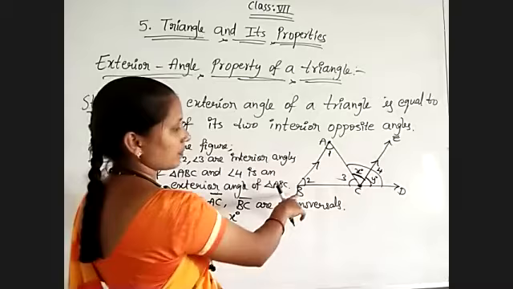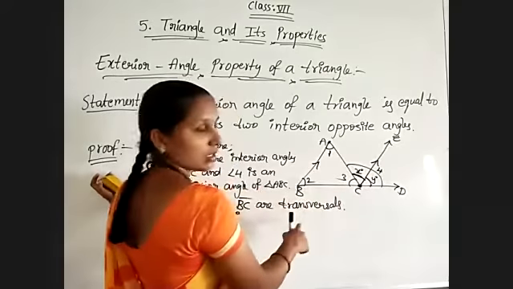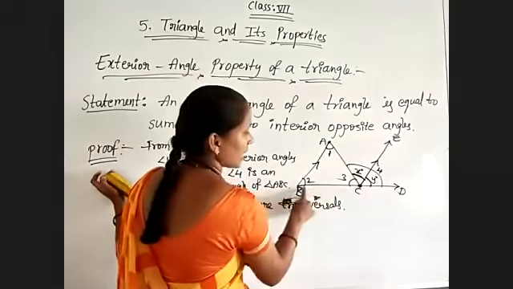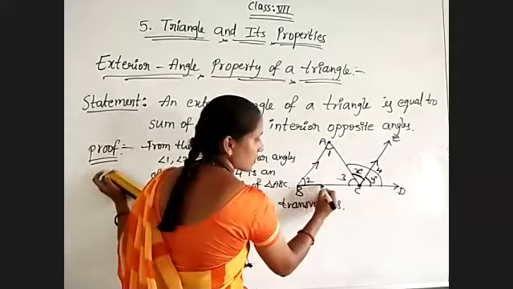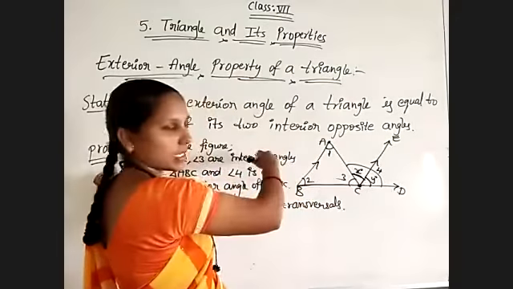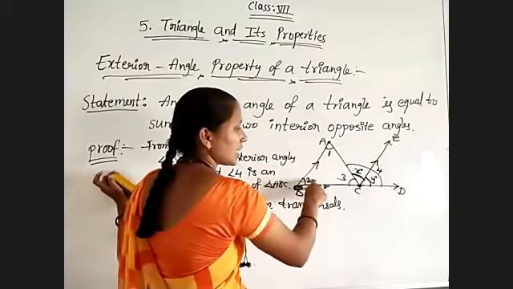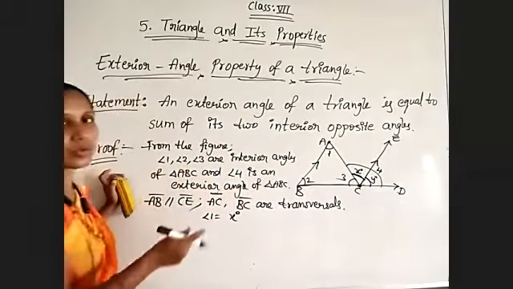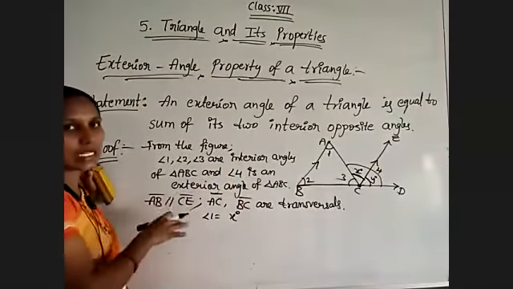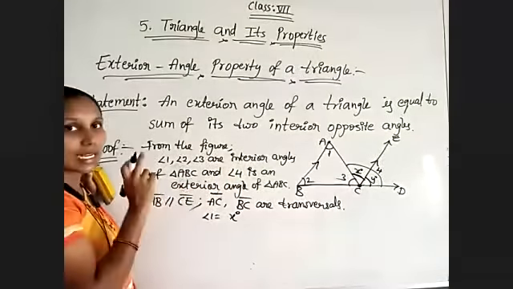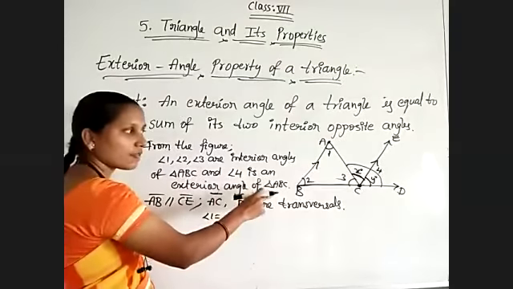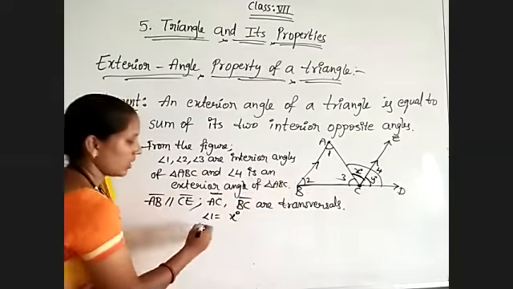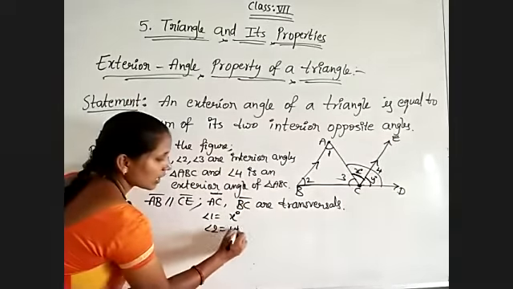And coming to the BC transversal. Y and 2 are both lying on the same side of the transversal, and one is interior, one is exterior. So corresponding angles means angle 2 is equal to y because those two are corresponding.